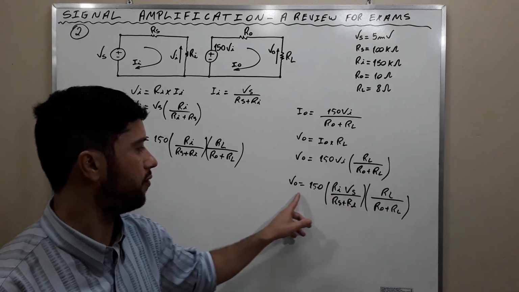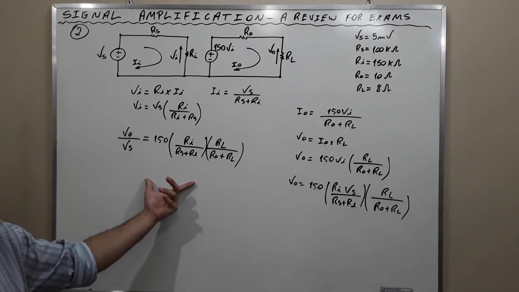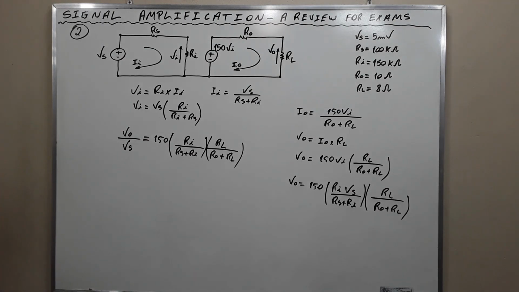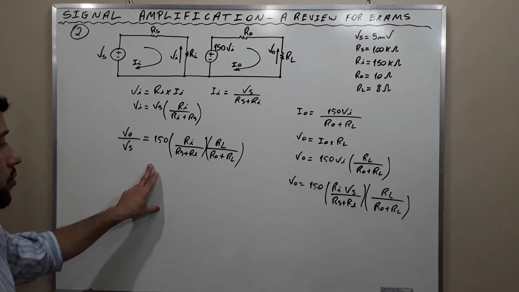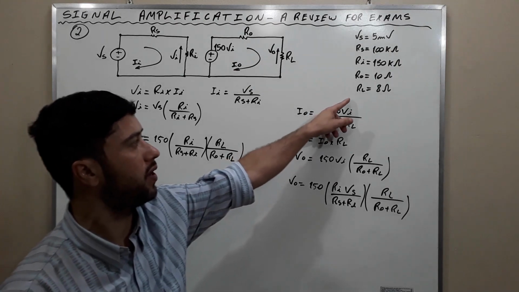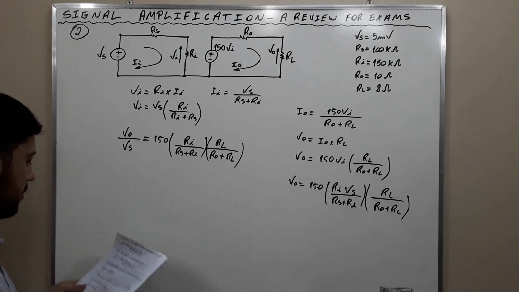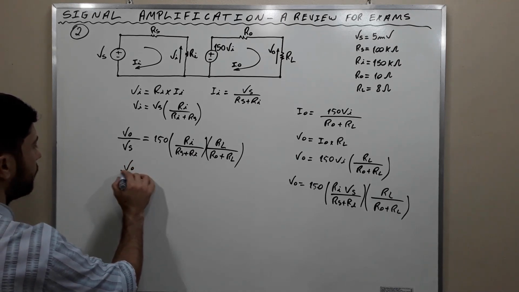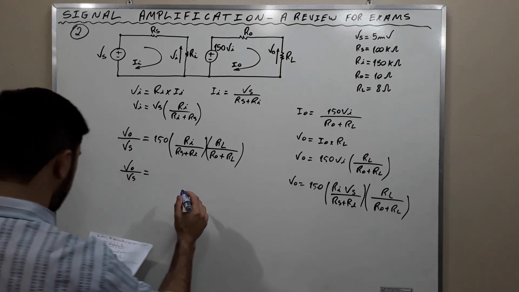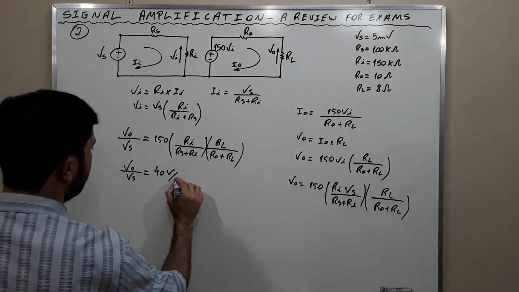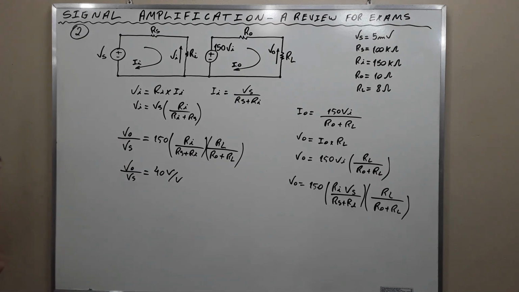We simply pass this dividing and the expression becomes this, and this is the overall or the global voltage gain. We just need now to use the values provided by the exercise, these values here, and then we find that the overall voltage gain is 40 volts per volt. Okay? Right?